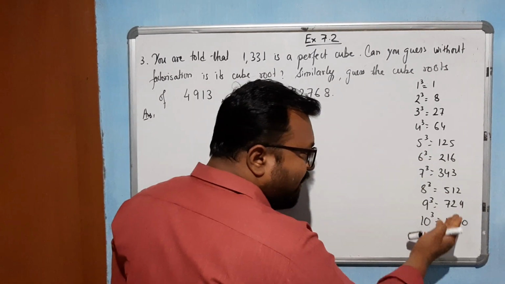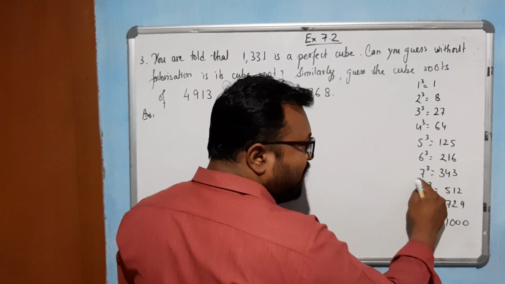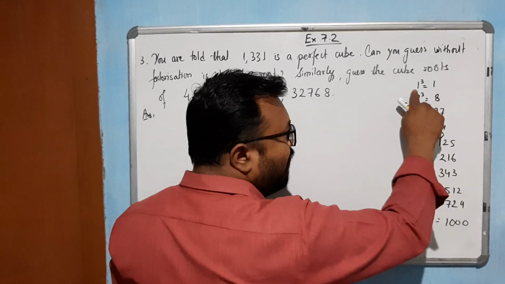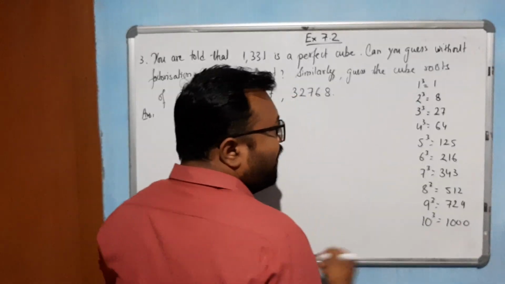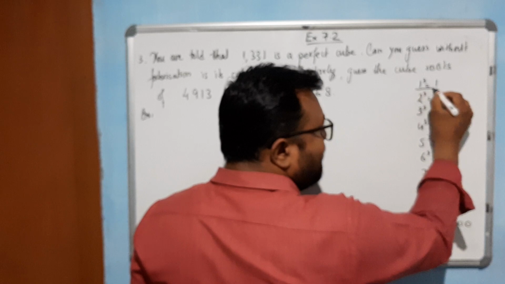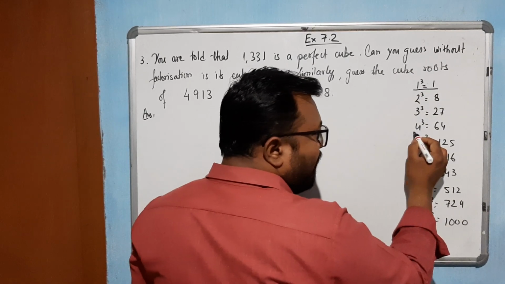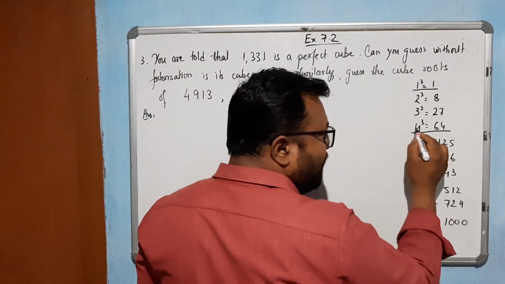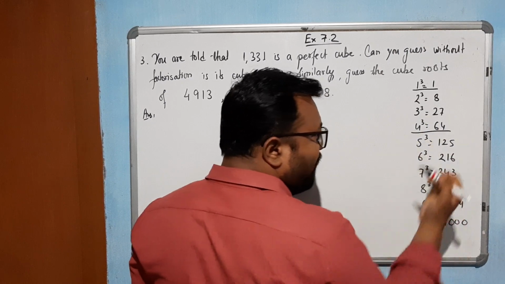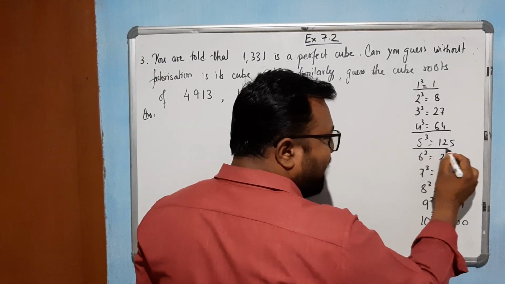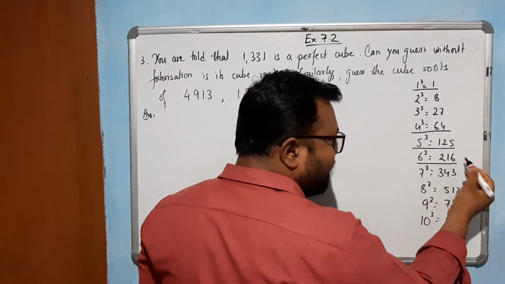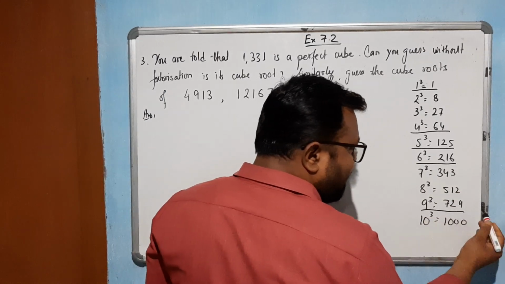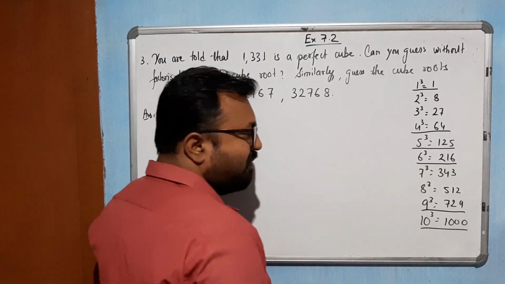So in this way, if we check the unit digits of all these cubes, 1 ends with 1, cube of 4 ends with 4, 5 ends with 5, 6 ends with 6, 9 ends with 9, and 0 ends with 0.